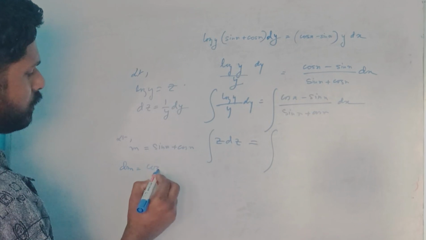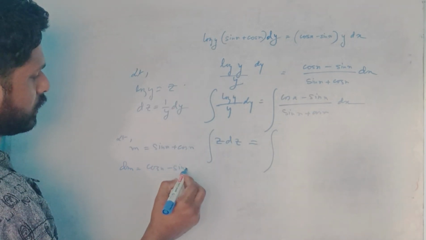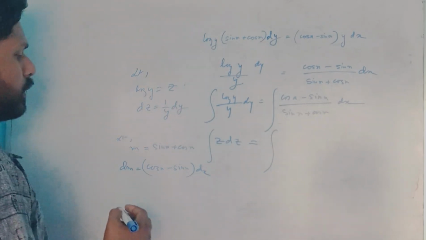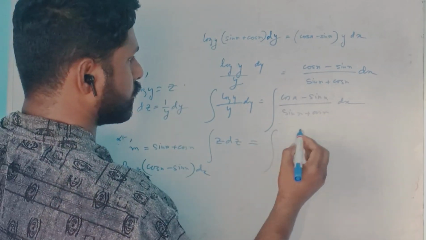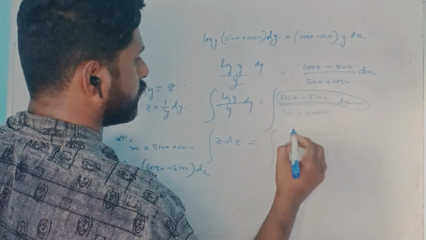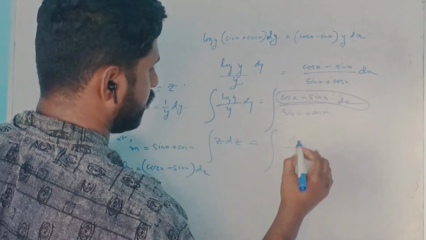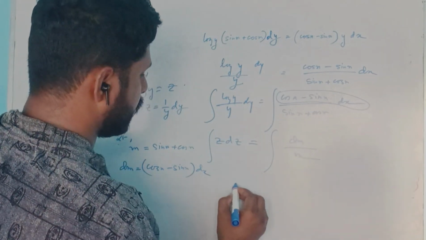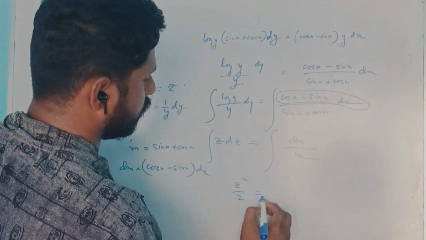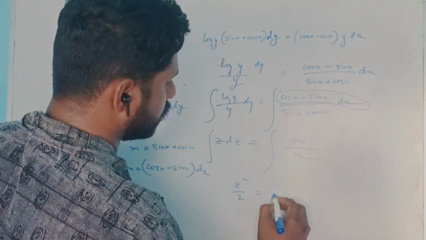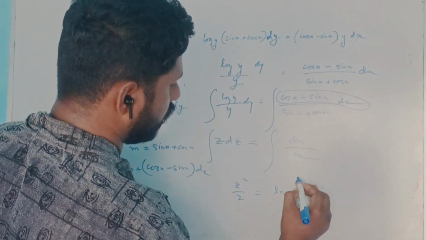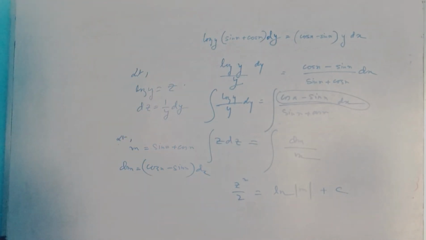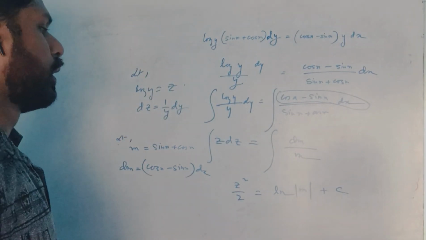So dm equals (cos x minus sin x) dx, right? So the right side becomes dm by m. So integration of z dz is z square by 2, which equals the integral of dm by m, which is log m plus c, right?